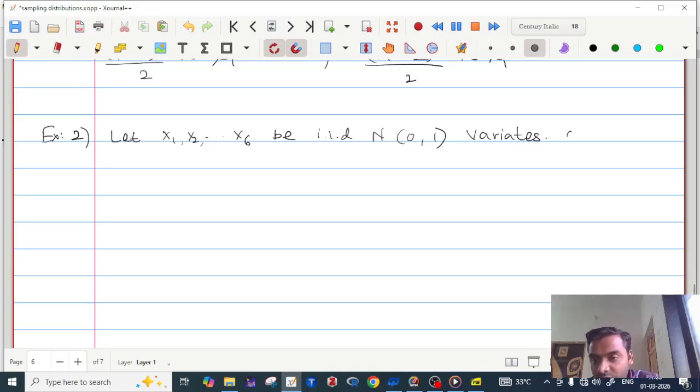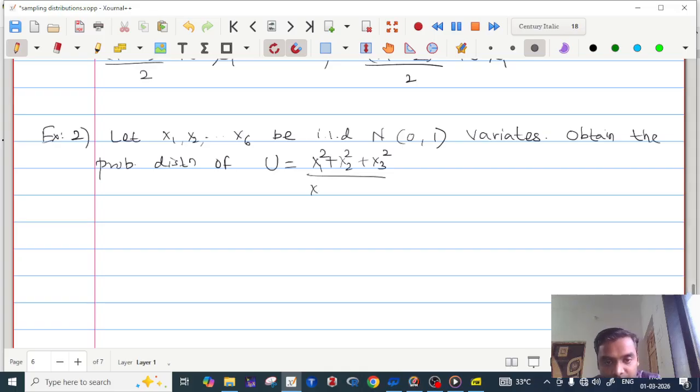Obtain the probability distribution of U equals x1 squared plus x2 squared plus x3 squared divided by x4 squared plus x5 squared.